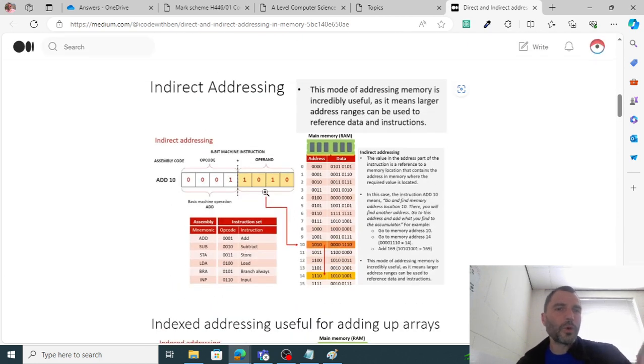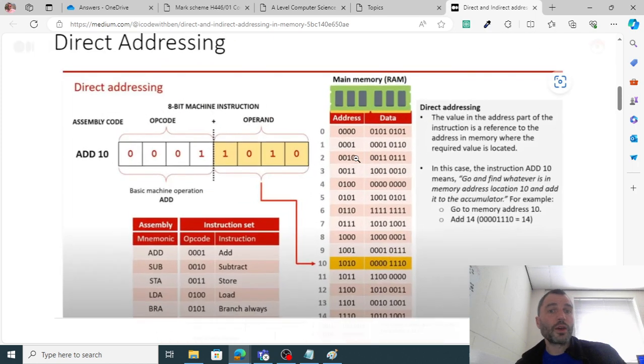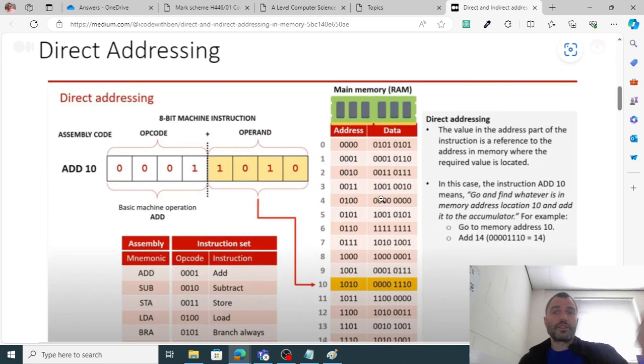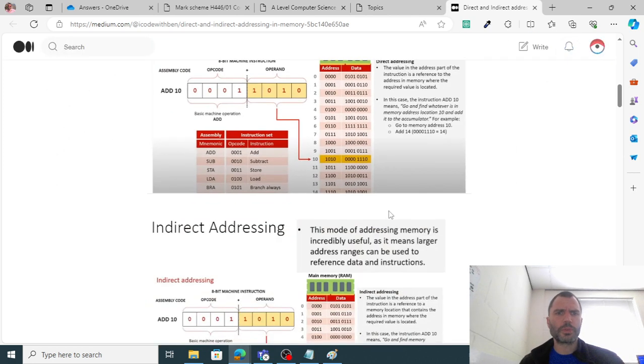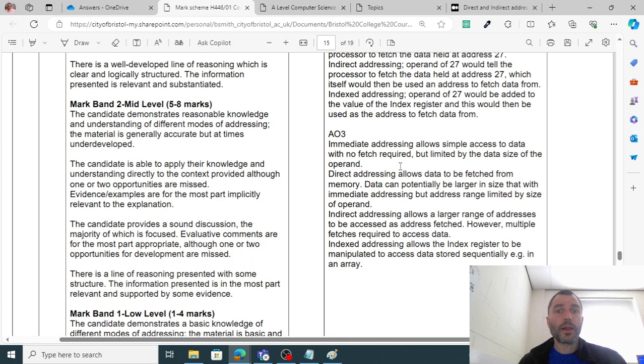Well, we've actually got access to more of the memory if we use indirect addressing, whereas with direct we only go to one location, and we don't get to utilize all of the memory we possibly could. That's one of the things they talk about here in the model answer.